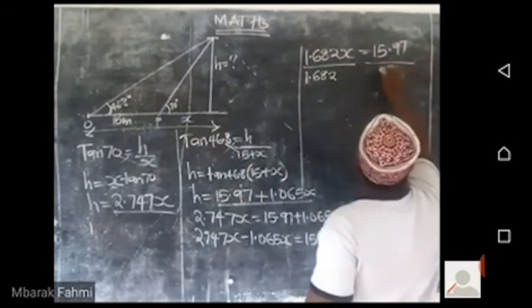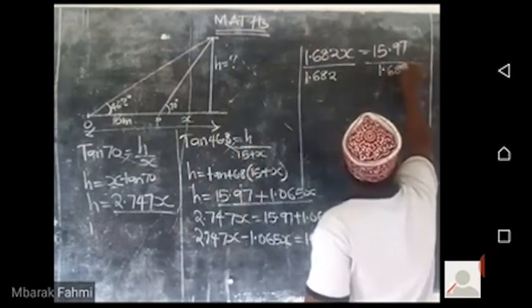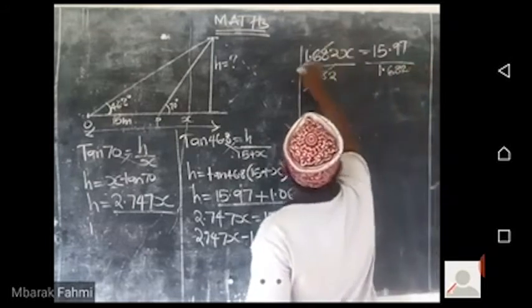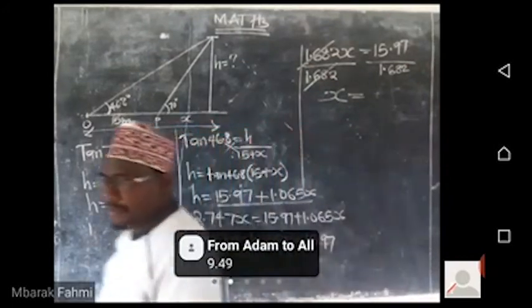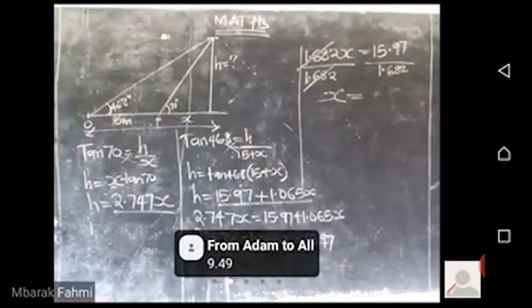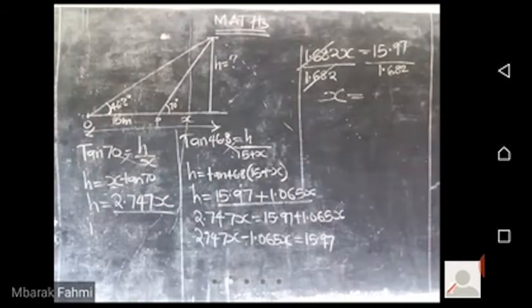So that and that will cancel, and x is going to be equal to 15.97 divided by 1.682.